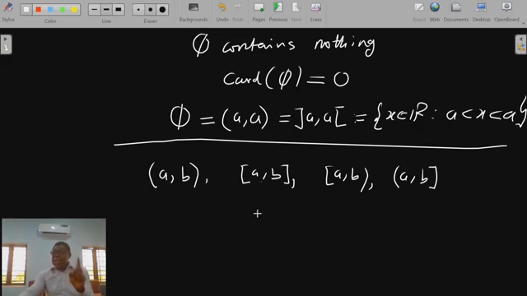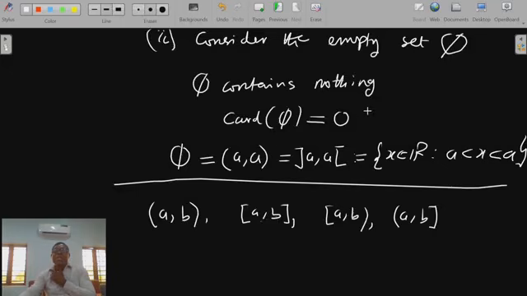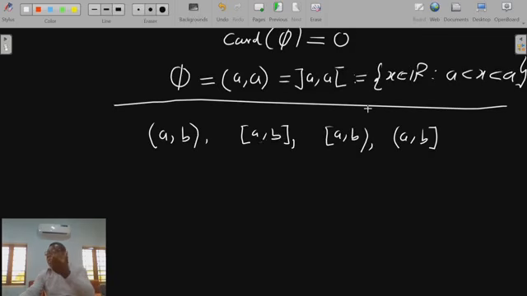For example, the empty set is a finite set because its cardinality is 0. The singleton I mentioned above is a finite set because its cardinality is 1, which is a natural number. Any set whose cardinality is a natural number is a finite set.